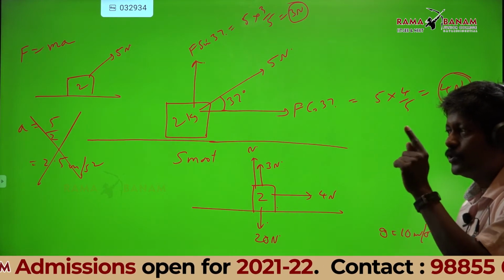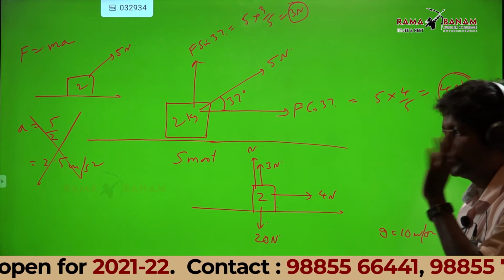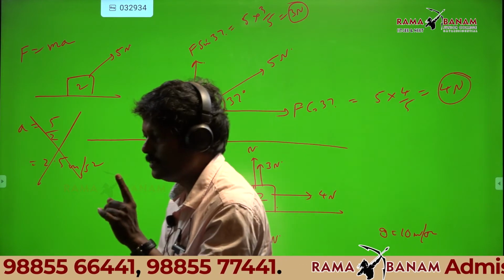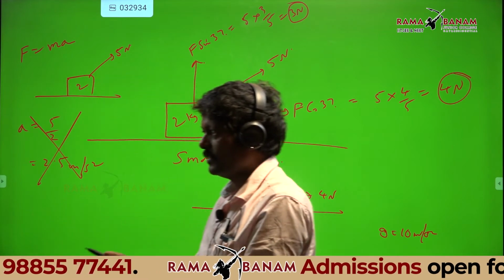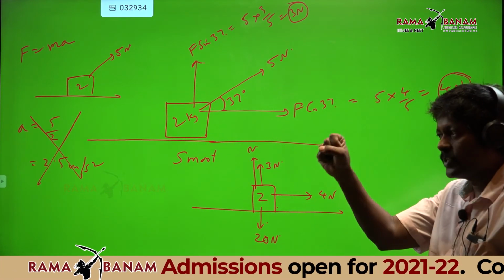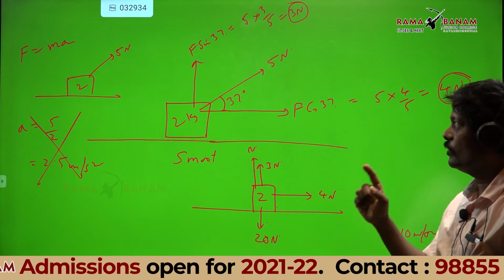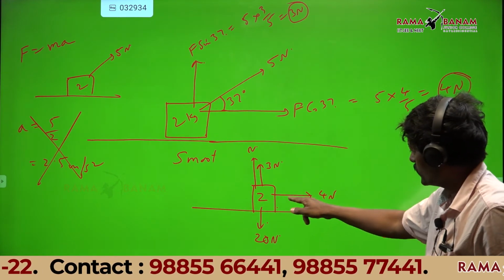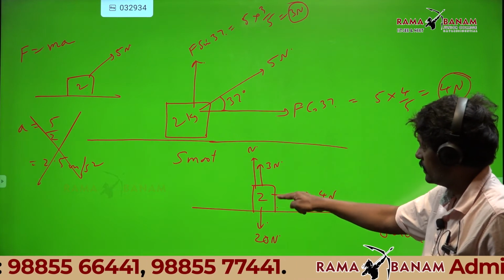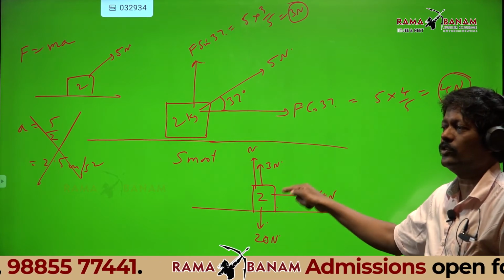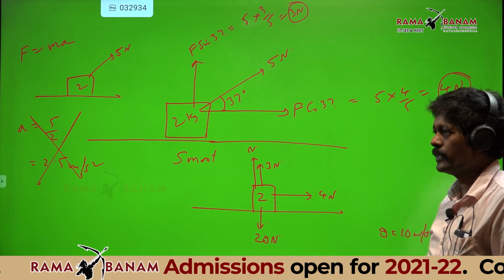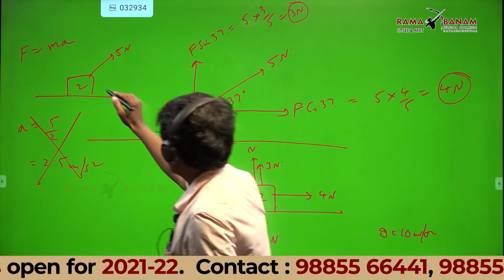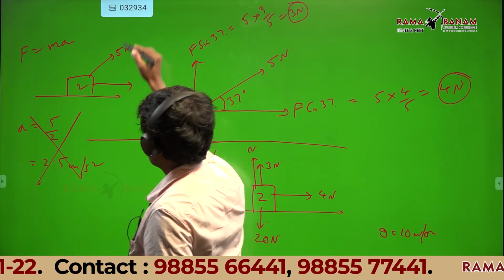Again I am repeating: you check which direction the body is moving, catch hold of the force in that direction, then only you will get acceleration. Force in the direction of motion divided by mass gives acceleration in the direction of motion. You cannot simply take 5 by 2, because the body is moving this side and force is that side.